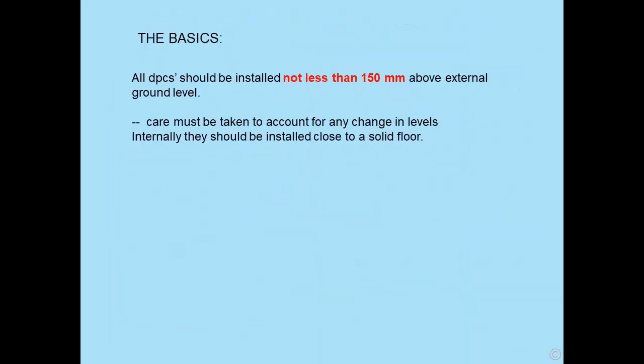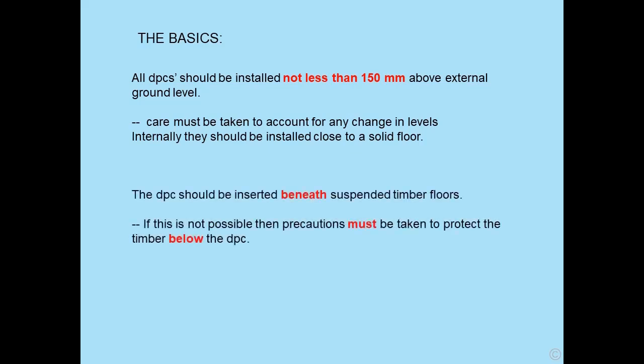All damp-proof courses should be installed not less than 150 mm above external ground levels, and care must be taken to account for any changes in level. And internally, they should be installed as close as possible to a solid floor. Where the floor is a timber suspended type, it needs to be inserted beneath the timbers.